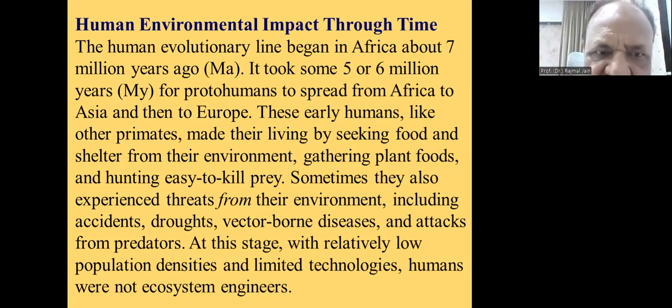They started only just 1 million years back or so, but earlier than that they were totally dependent on nature. What happened very recently, 50,000 years back, and from there to 10,000 years back, is that the environment and climate were changing, and when they were not getting enough food from nature, they started hunting.